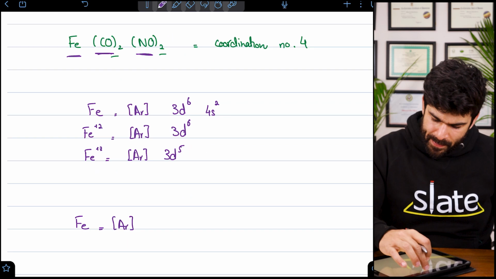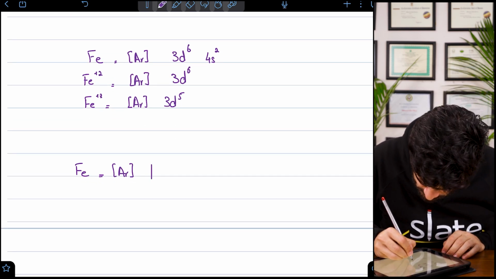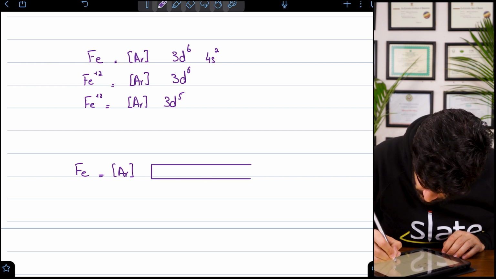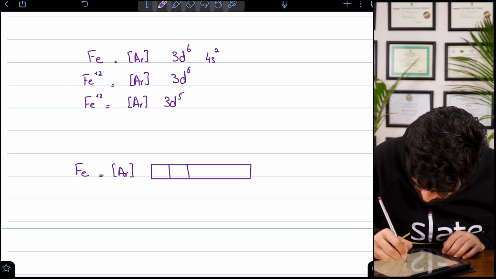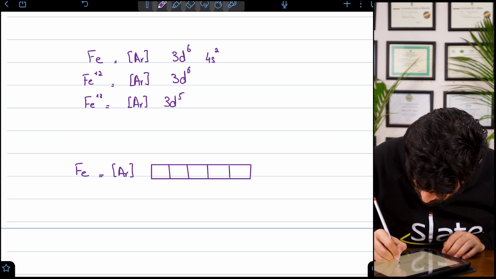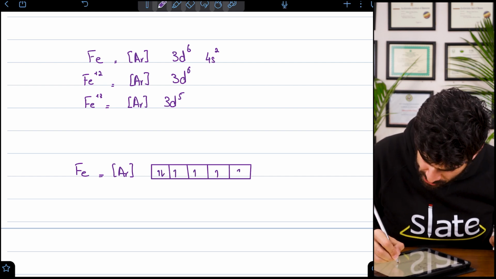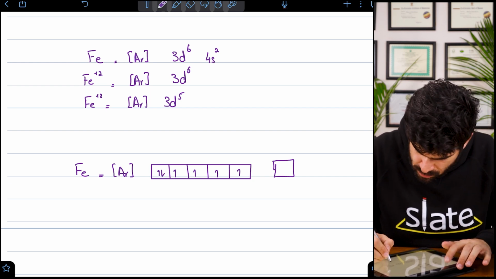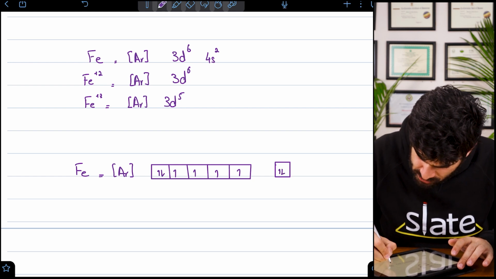So let's make the electronic distribution with the block method. 3d6. D will have 5 boxes, 5 orbitals, with 6 electrons. And then we have 4s, which is completely filled.